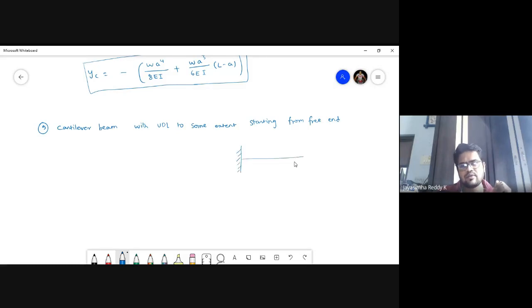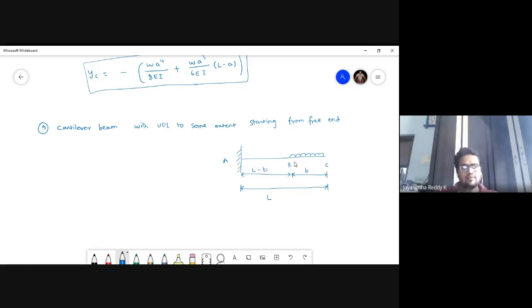So this is our UDL, and we have this kind of part like this. So how do we solve if we have it like this? This is A, and this is B, and this is C. How do you solve, students? This is nothing but L, and let us consider this as B, students. And what does this become? L minus B. Is it clear?